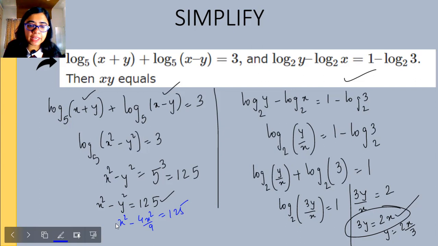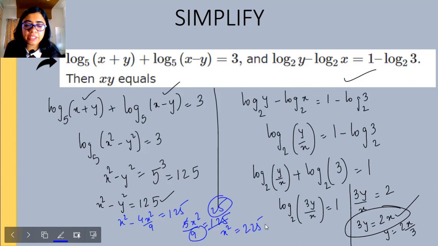So this will become 9x square minus 4x square, which is 5x square by 9, is 125. 5 ones are 5, 25s are. So my x square will be 25 into 9, which is 225. Whose square is 225? The square of 15 is 225. So my x is 15.